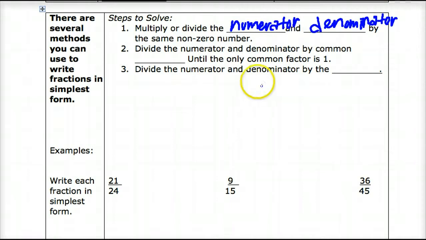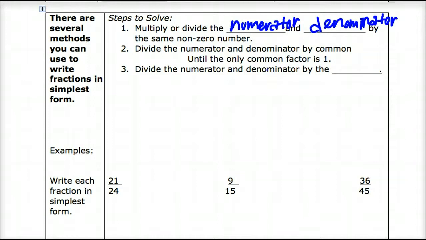So a non-zero number could be any whole number, 1, 2, 3, 4, 5, 6, any whole number that you can think of except 0. Now, you're going to notice that you're going to multiply or divide the numerator and denominator. So whatever you do to the top, you've also got to match it on the bottom.